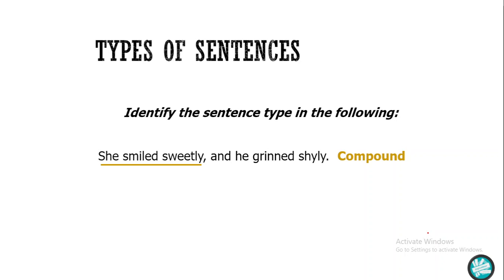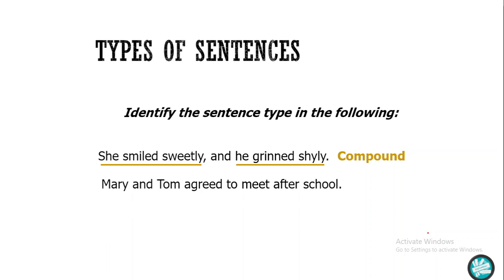Why? Because she smiled sweetly is the first main clause and he grinned shyly is the second main clause. Independent clause is also the main clause, so it has got two names. You can call it the independent clause or the main clause. Alright, so she smiled sweetly is the first main clause and he grinned shyly is the second main clause.